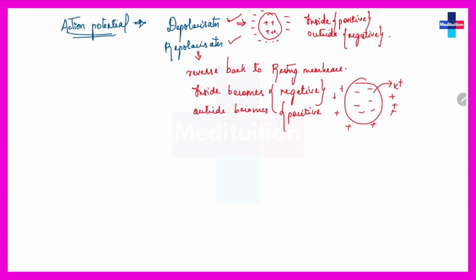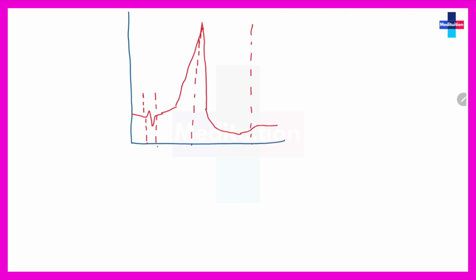That's why it is reverting back to the phase of resting membrane potential, which shows your depolarization and repolarization. If we plot the curve of repolarization and depolarization, we will get a curve which looks like this. So this is the curve which shows the depolarization and repolarization parts.